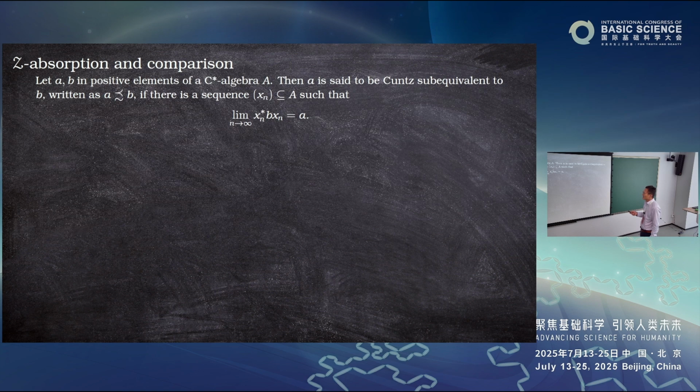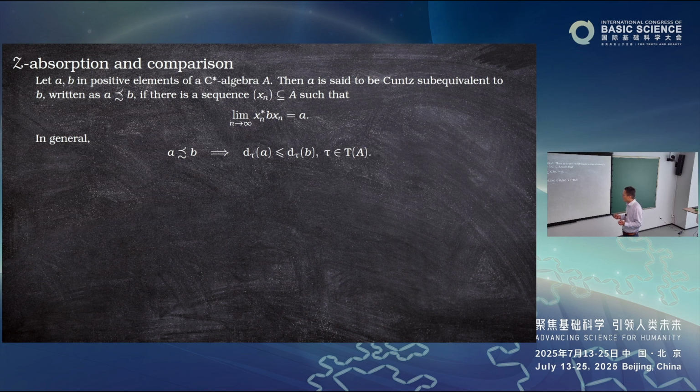It's just saying that the diagonal matrix B has more non-zero elements. So in the matrix case, that's roughly what you are talking about. But in general, it's more than that. If A is Cuntz dominated by B, then the rank of A is going to be at most the rank of B.